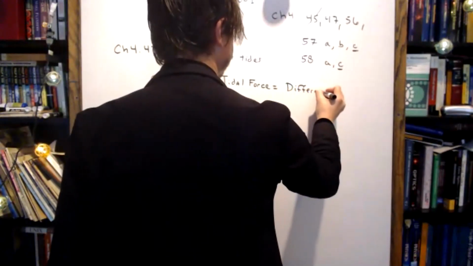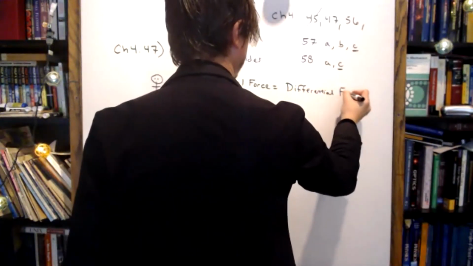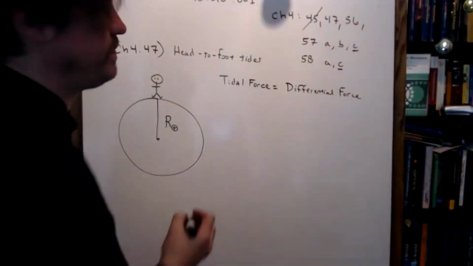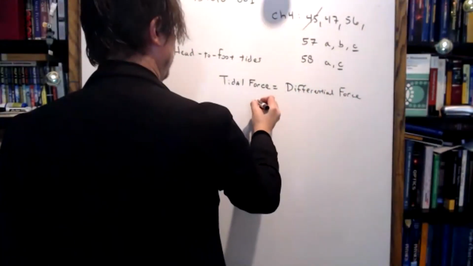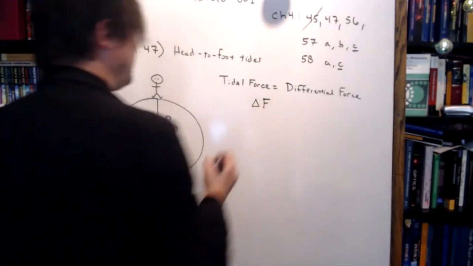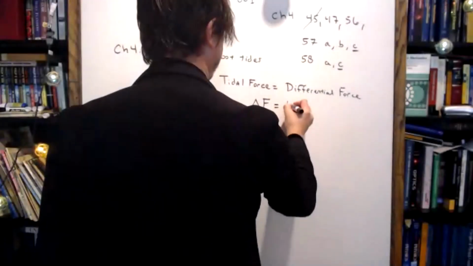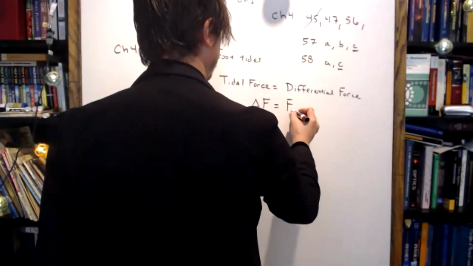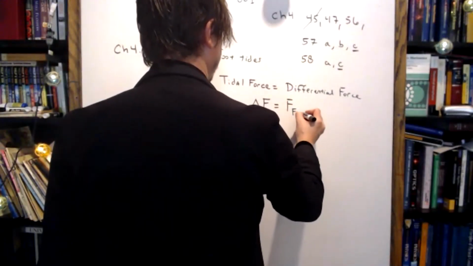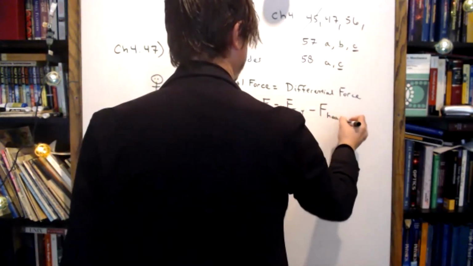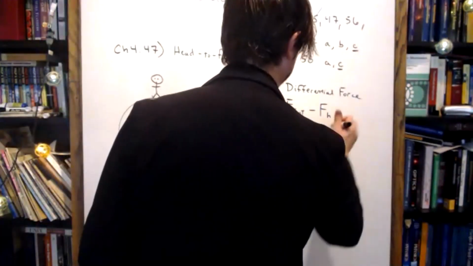That means something, but what does it mean? It means that the tidal force is a delta force, a change in force. It's the difference between the force exerted on a man's foot minus the force exerted on a man's head from Earth.